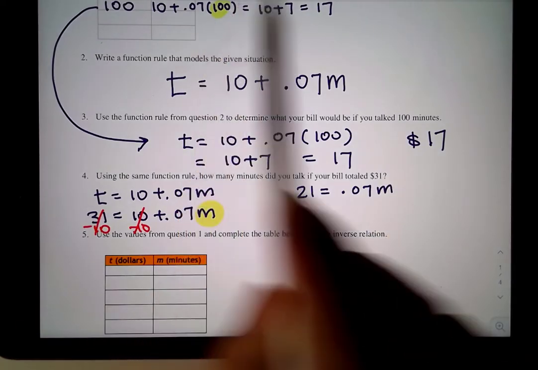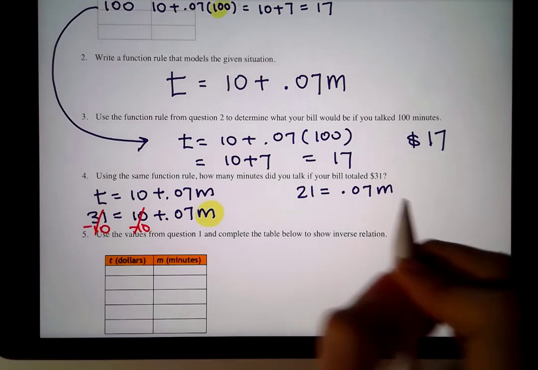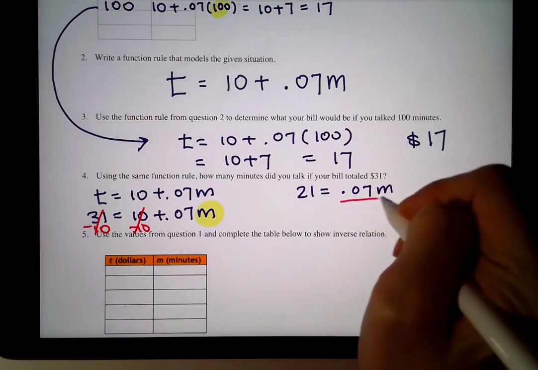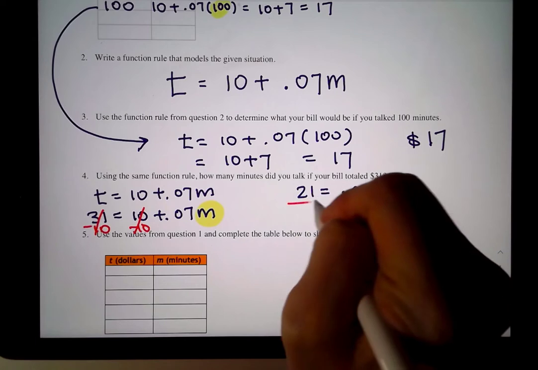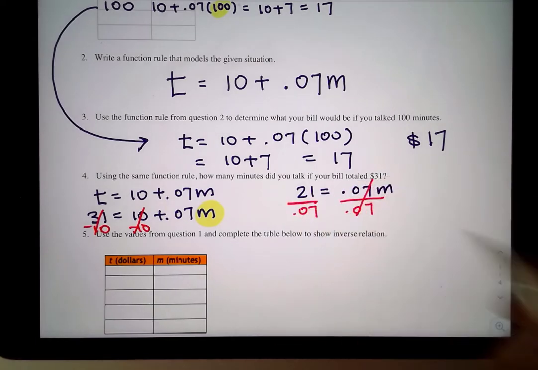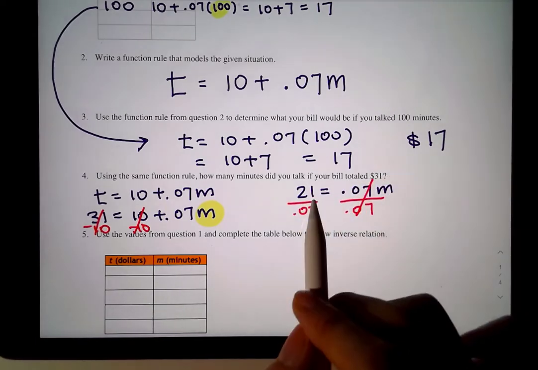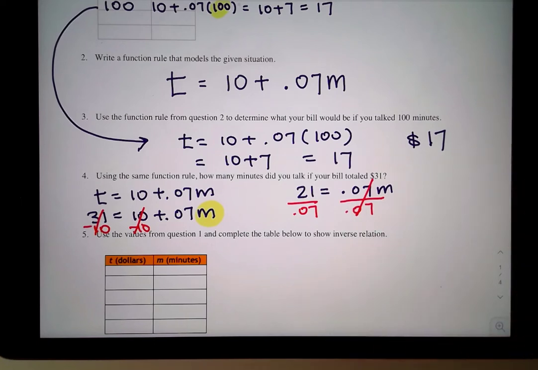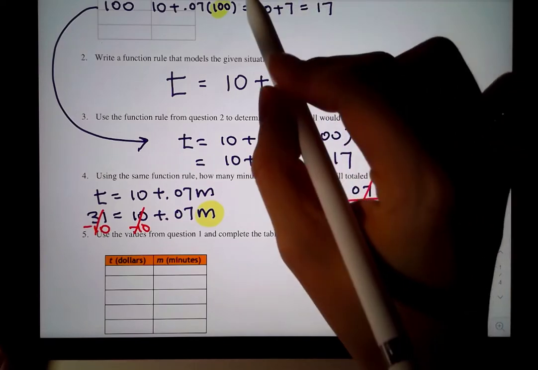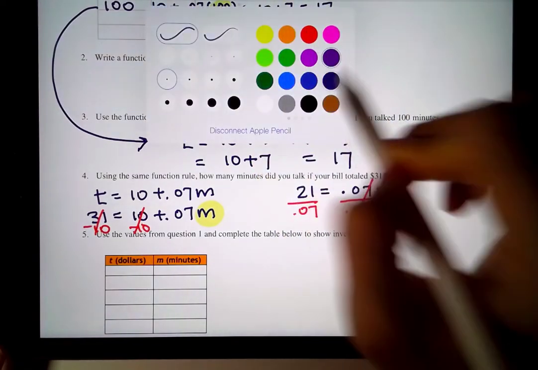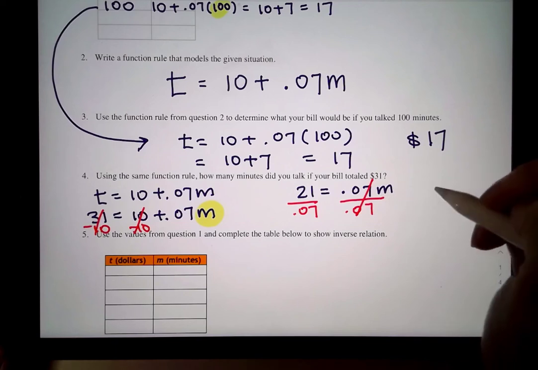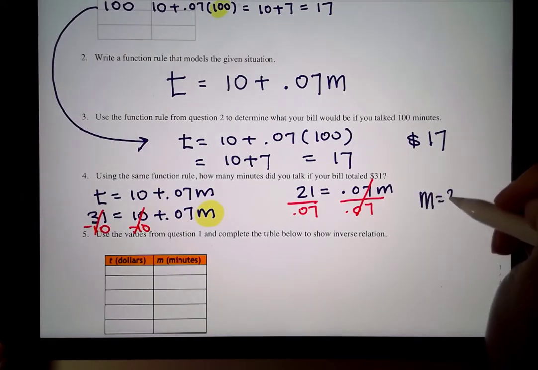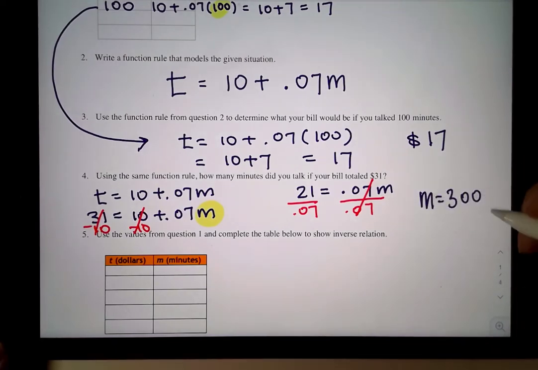And now I want to get m, so you divide by 0.07. Cancel, then you have only m, and we need to get 21 divided by 0.07. So 21 divided by 0.07 is 300. That means 300 minutes, right?